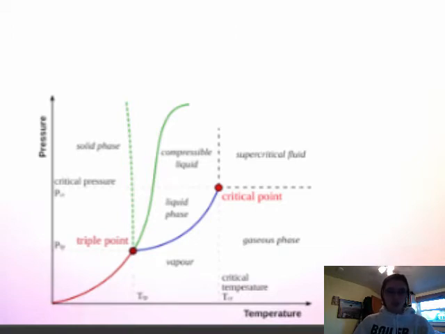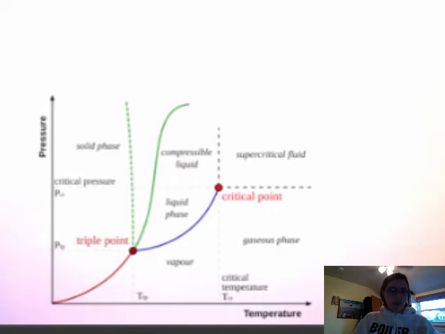It fills its container like a gas, but the molecules are still closely spaced together like a liquid. The critical point is the critical temperature and the critical pressure for a gas. This is a pairing of temperature, which is on the x-axis, and pressure, which is on the y-axis.